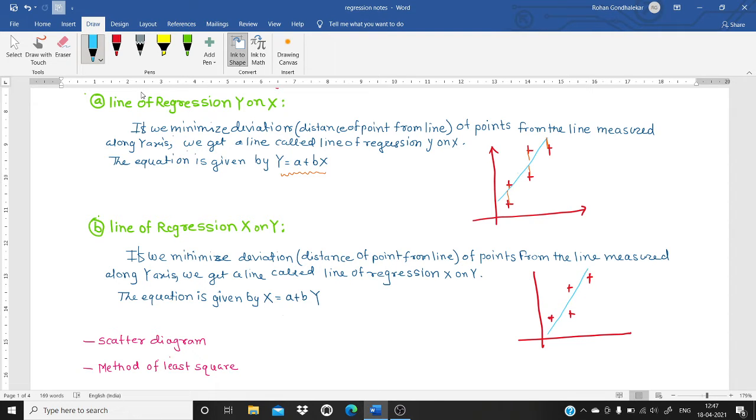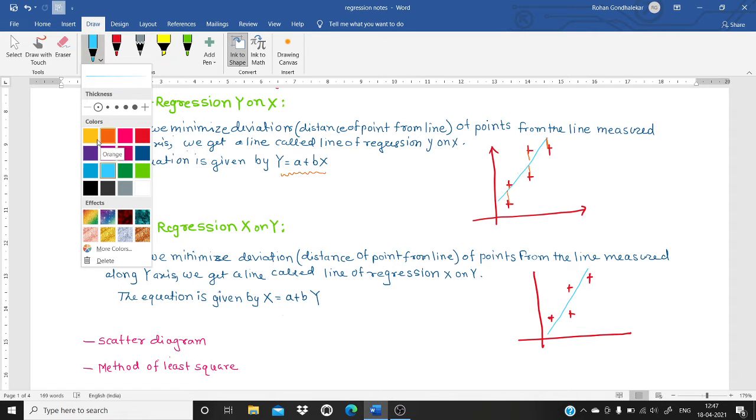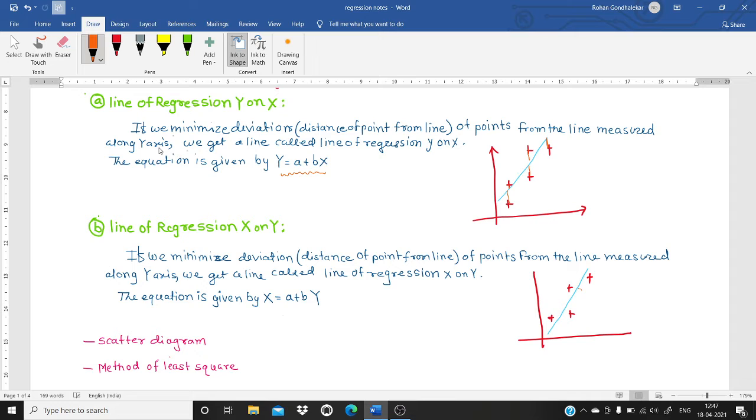This is my line. Now I am measuring the distance horizontally, that is parallel to the x-axis. That means I am going to measure this distance parallel to x. Such a line of equation is known as line of regression x on y and is given by x is equal to a plus b into y.